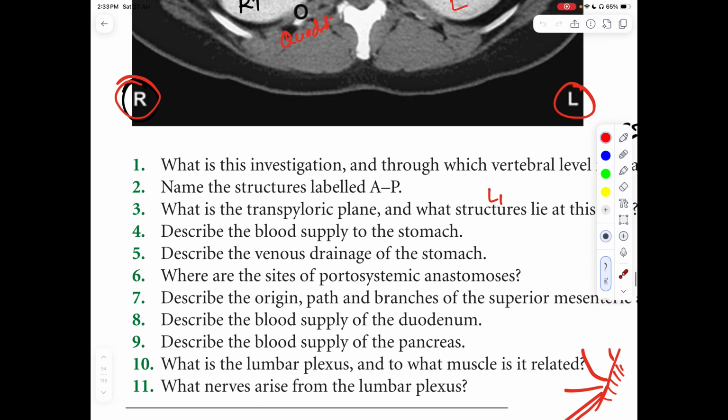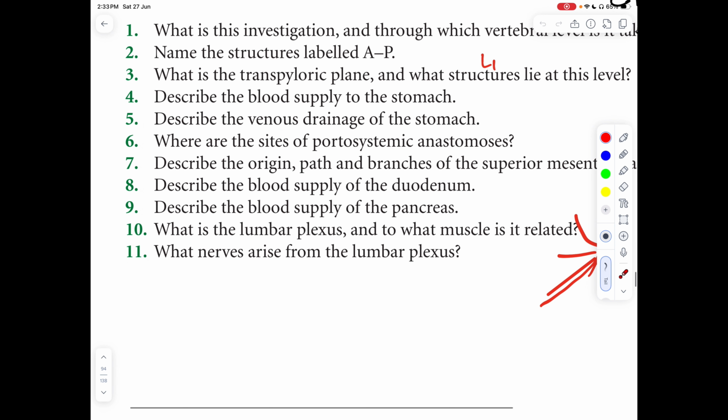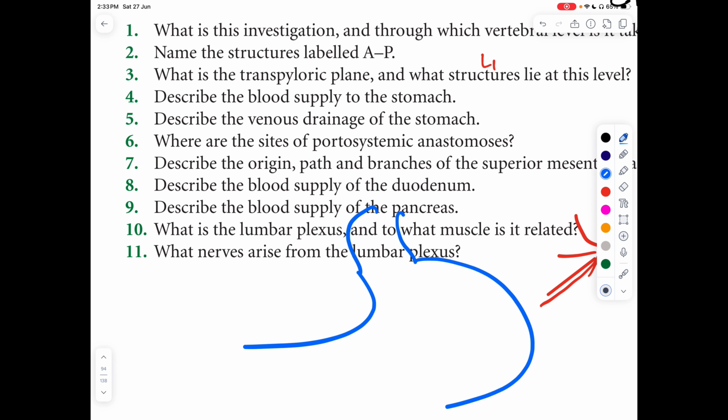Describe the blood supply to the stomach. Now again, the stomach has, you just remember, this is the stomach, and the blood vessels are the celiac artery. It gives rise to the common hepatic and left gastric, and from here you get the right gastric.